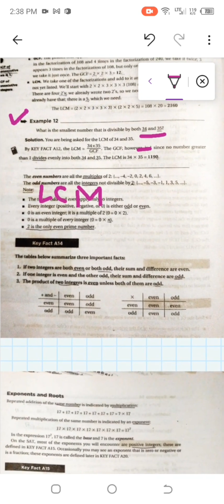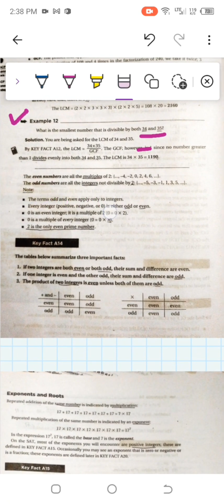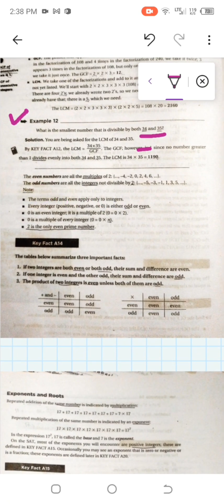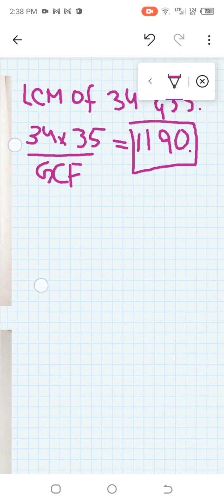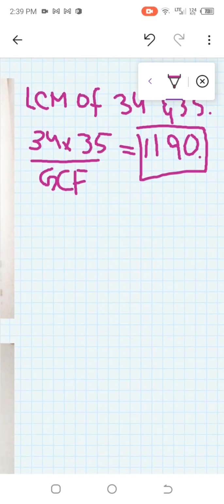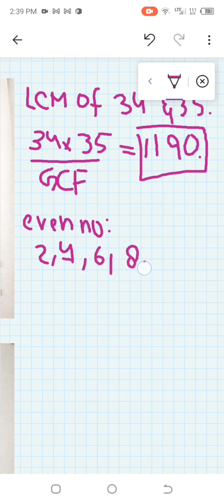Now moving towards another one. Here they have given all multiples of 2, the even numbers: 2, 4, 6, 8, 10 like this.